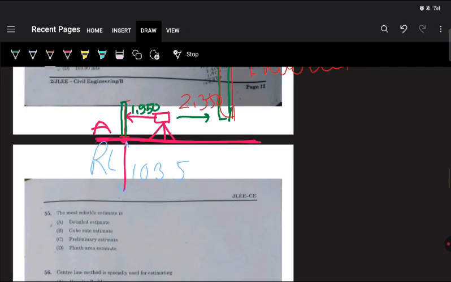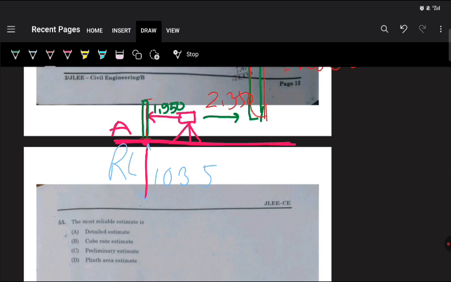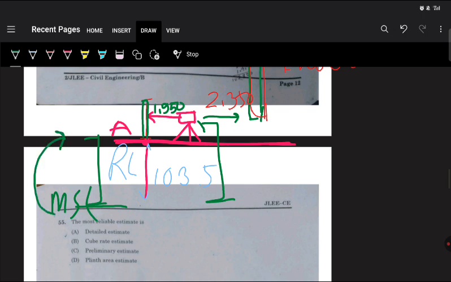Now this is our instrument, right? So here the height of instrument will be this RL. From here to this is our mean sea level. From mean sea level to point A, this is our RL of point A. Now if I want to measure the height of instrument, it is RL of point A plus 1.950.